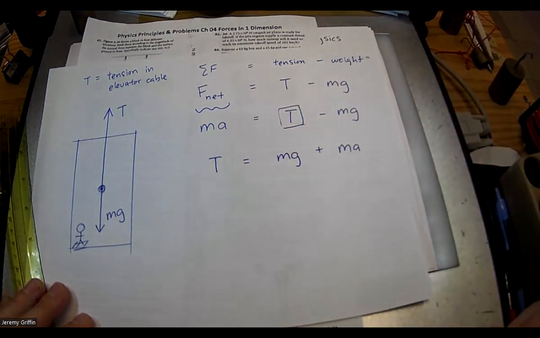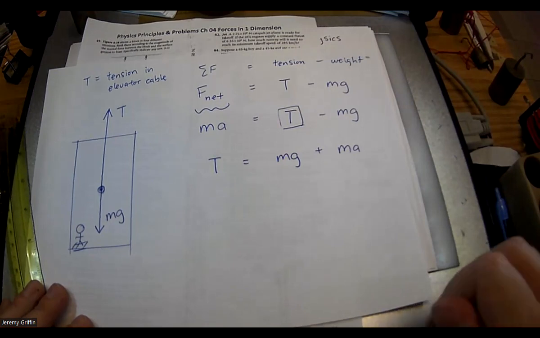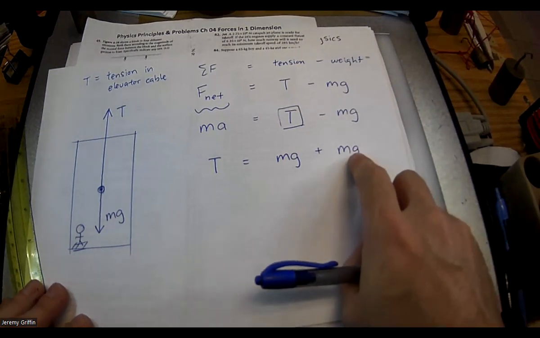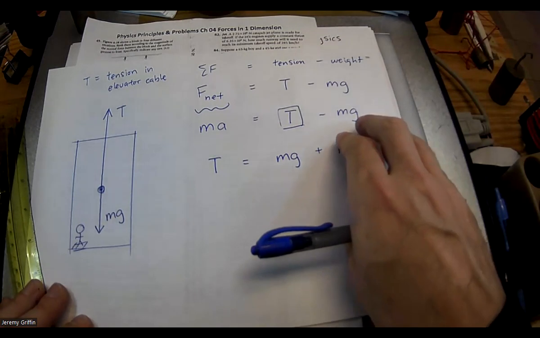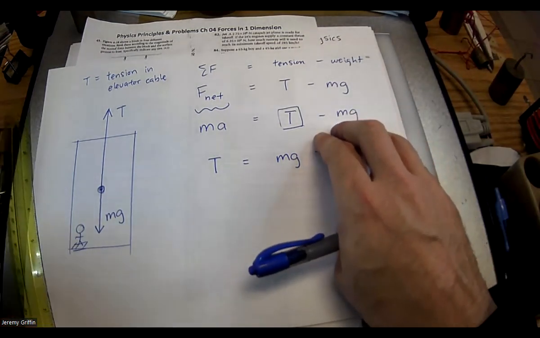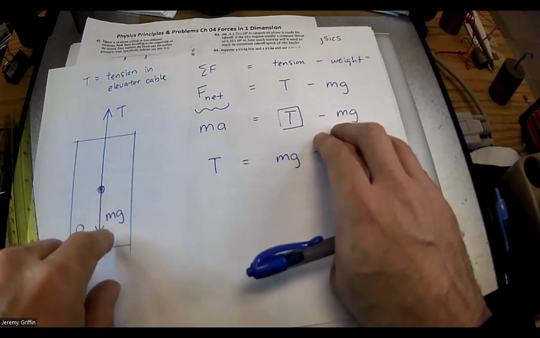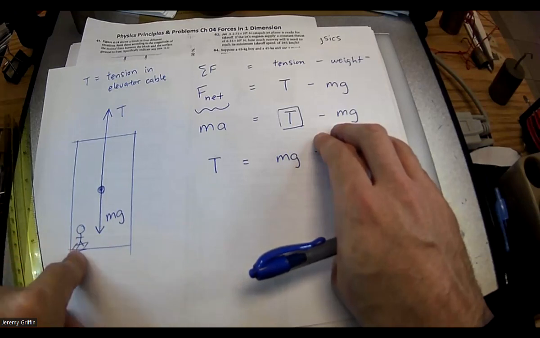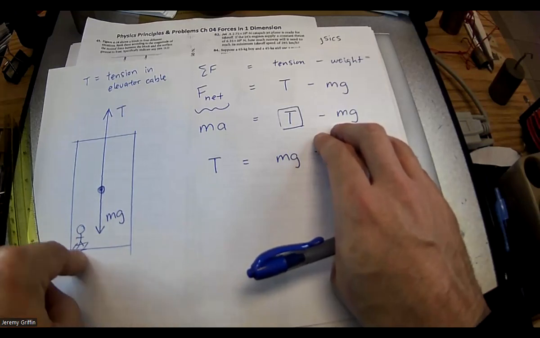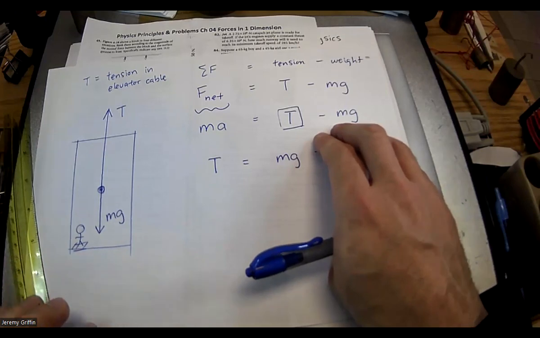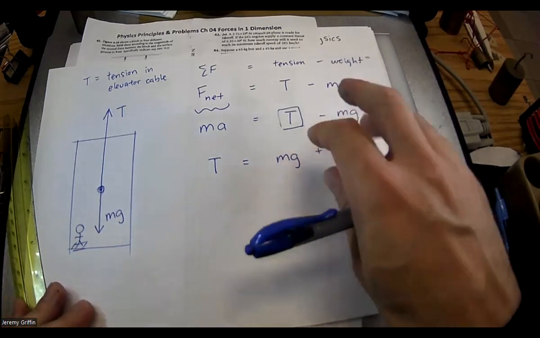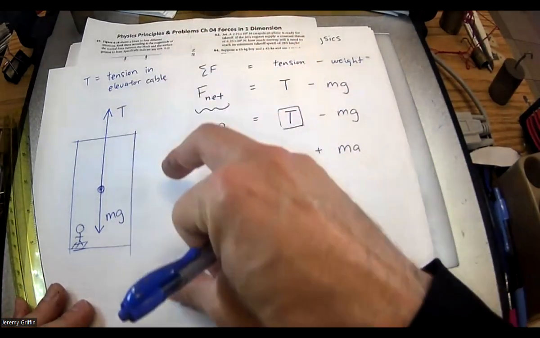In fact, if the elevator has 0 acceleration, then wouldn't the tension just be equal to the weight of the elevator, just to hold it up? And the analogous story, the normal force reading on the scale would also be his regular weight. So that might be at rest, or again, moving at constant velocity, either up or down.